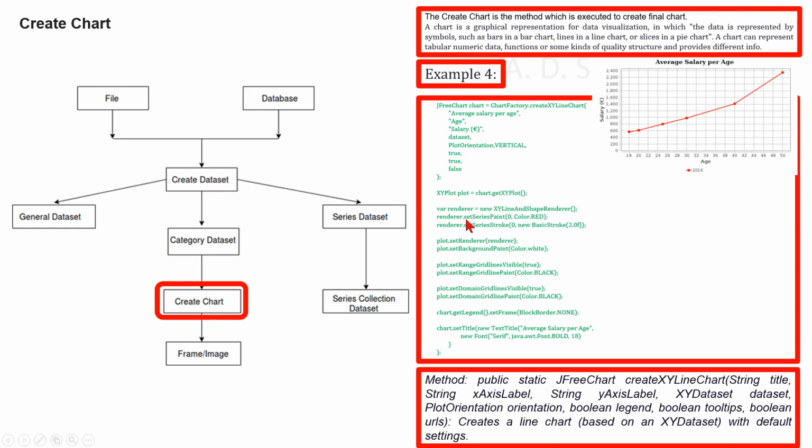Here the setSeriesPaint basically sets the paint used for a series and sends a renderer change event to all registered listeners.